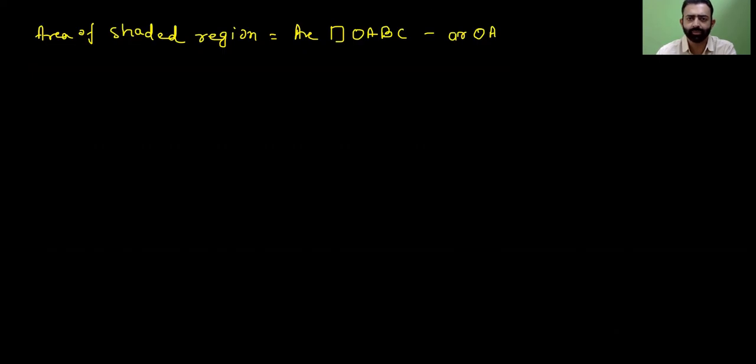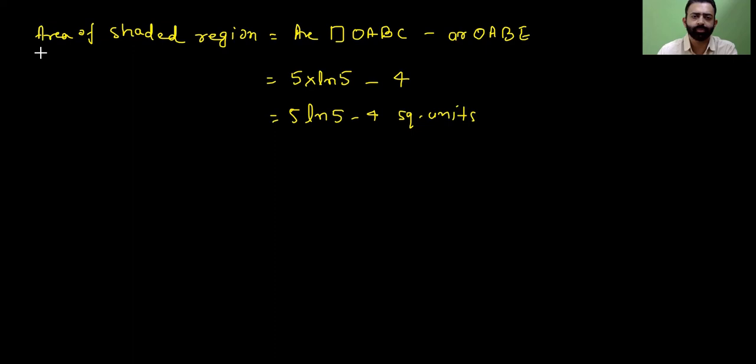OABE means the first part area, right? So area of rectangle is 5, the length, and height was ln 5, minus OABE, our first area, which is 4 square units. So 5 ln 5 minus 4 square units. Okay, first part is over.